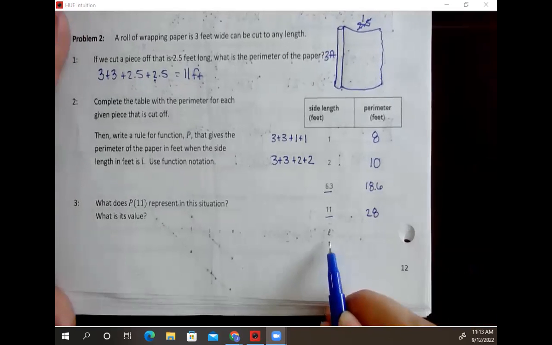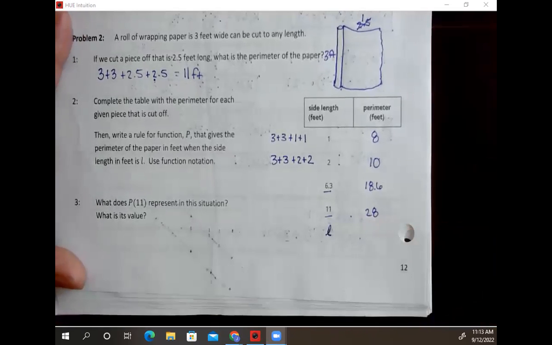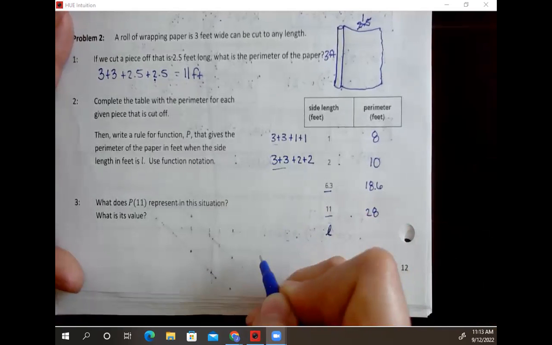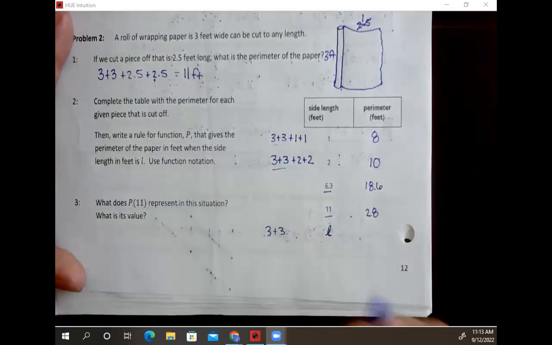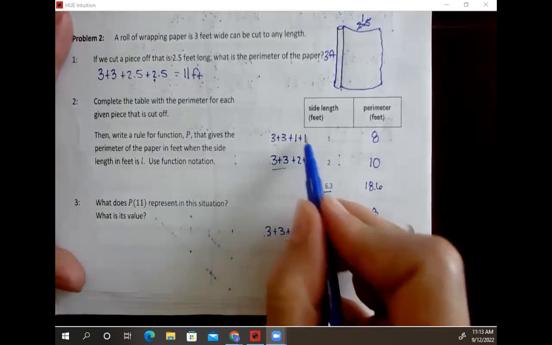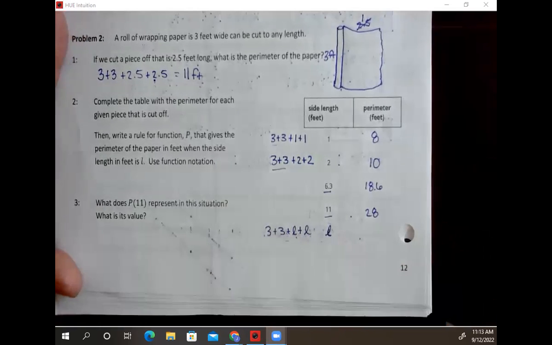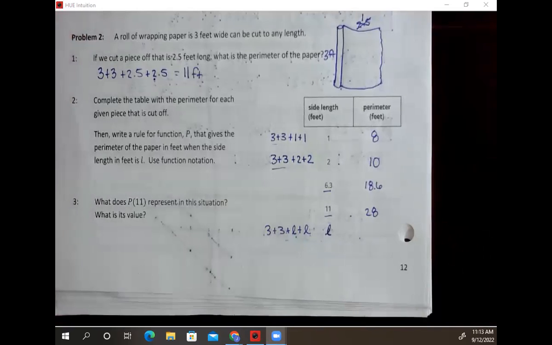Now, let's come up with a rule that represents this. We'll let L be our side length. The 3 plus 3 stayed the same for each of these, right? So I would keep 3 plus 3. As I change the side length, these other two numbers change. So this would be plus L, whatever I decide to let that be. Can I tidy this up at all? Maybe make this a little more concise.